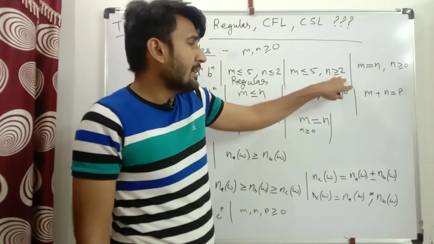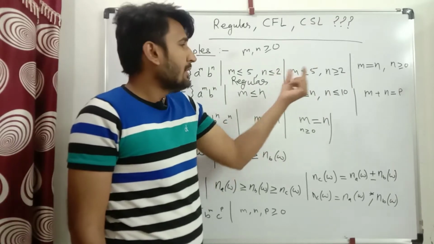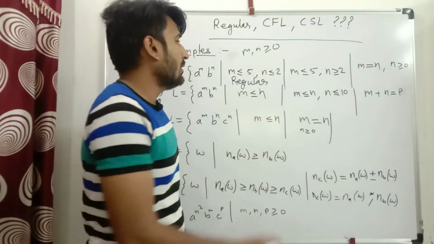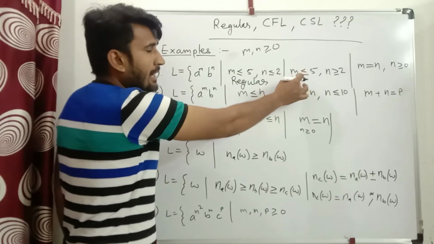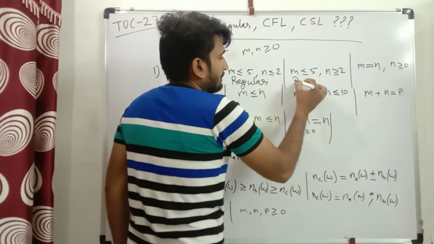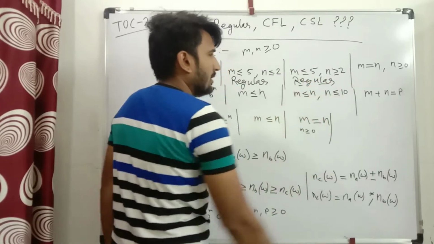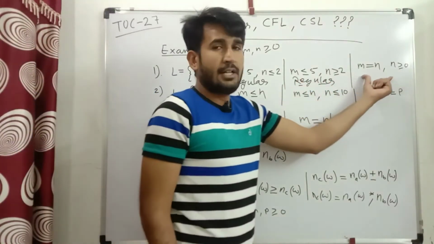Where n is greater than or equal to 2, there is a given lower limit, the lower limit is 2, and n can be more than 2. So this is infinite, but there is no comparison between m and n, so it is a regular language.